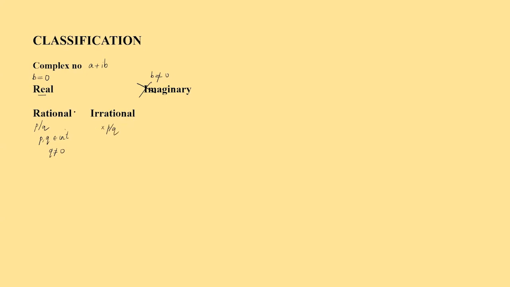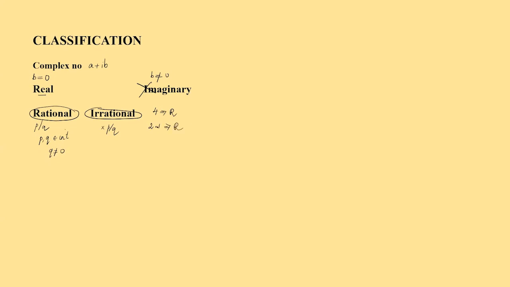At this point, there are important concepts: first of all, rational and irrational. We need to figure out what kind of numbers are rational and what kind are irrational. Let us have a quick go through. The number 4 can be written as 8 by 2 or 4 by 1, so it is a rational number. 2.1 is nothing but 21 by 10, so you can write it as a rational number.